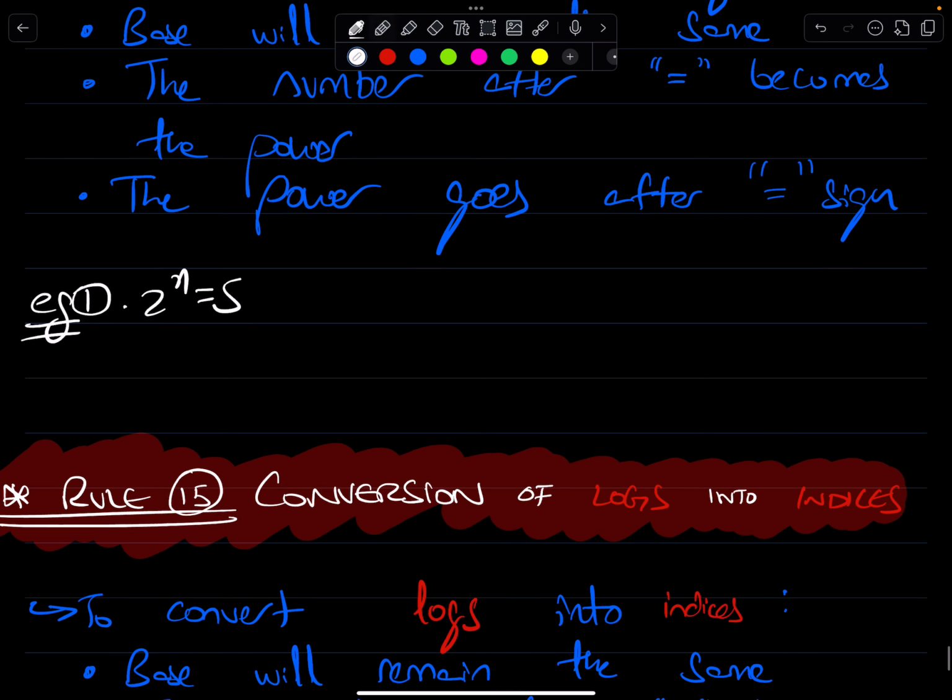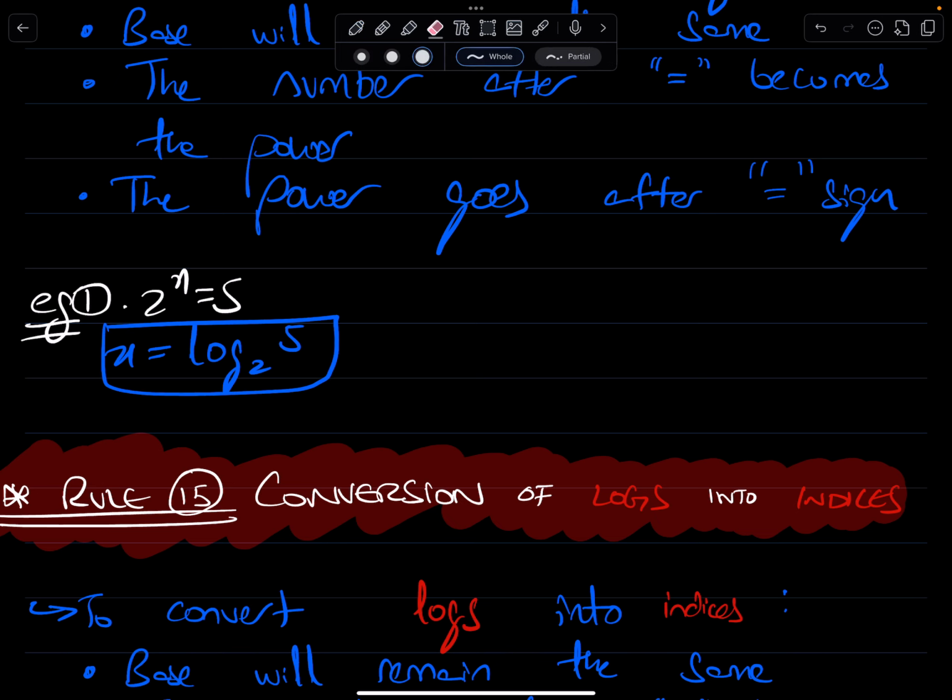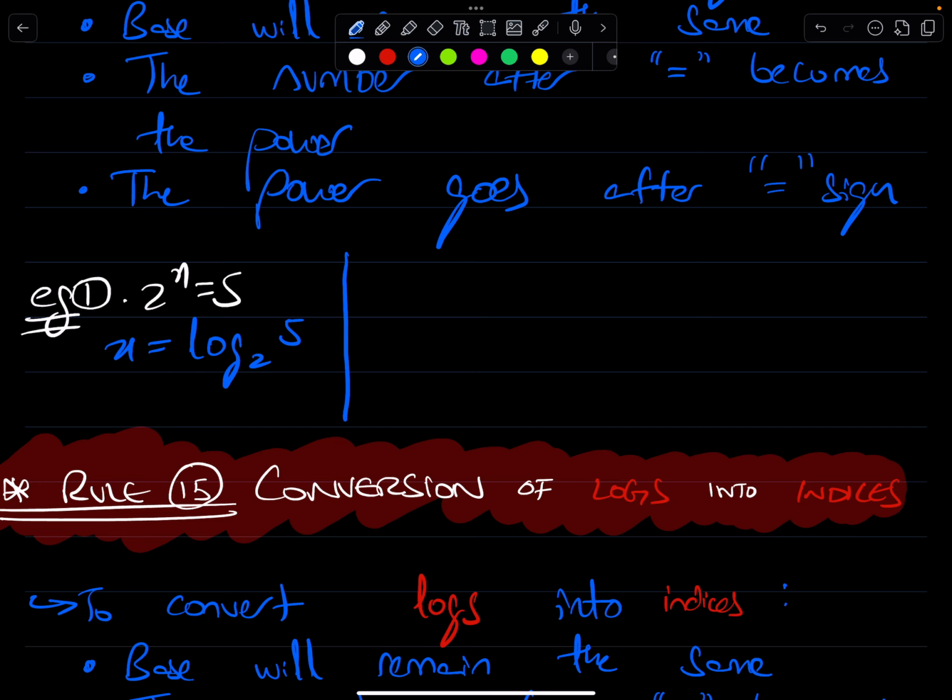So this is what we have. What power should 2 be raised to get 5? So in order to find the power, we use logs. Use your calculator function and solve this log function, and the answer which you will get would be your answer. I don't have a calculator near, or rather I do, but I just leave it to you to solve it.